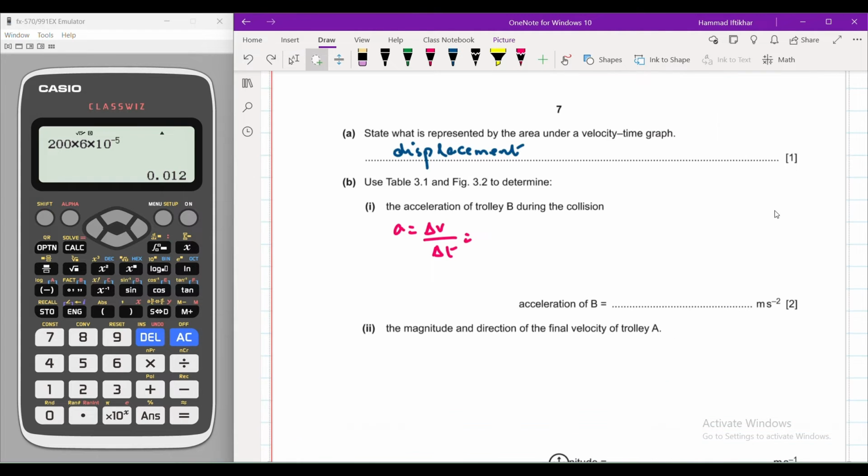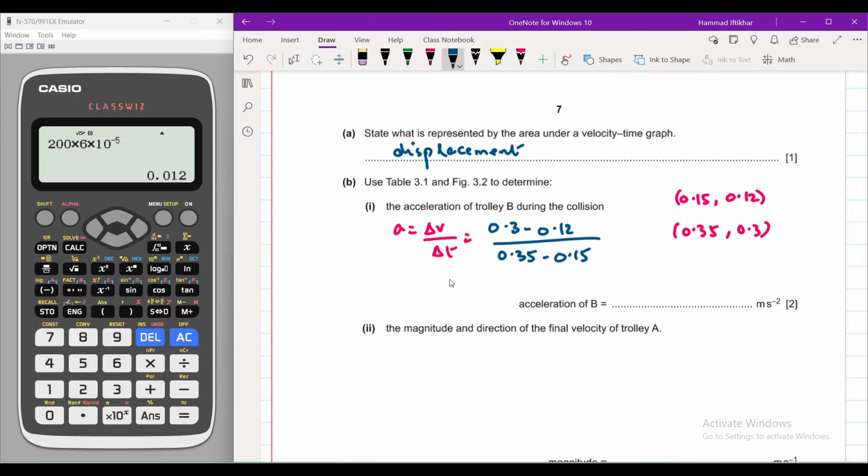Oh, sorry. Right, okay. So the change in velocity will be found from these two. So 0.3 minus 0.12 divided by 0.35 minus 0.15. So the acceleration is 0.3 minus 0.12 divided by 0.35 minus 0.15. So 0.9.